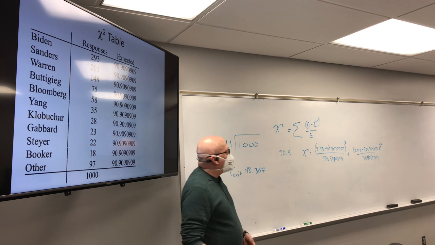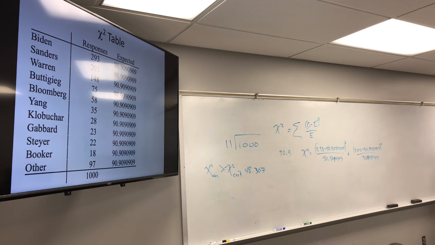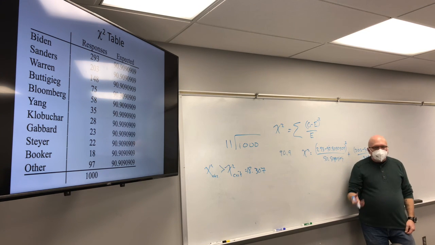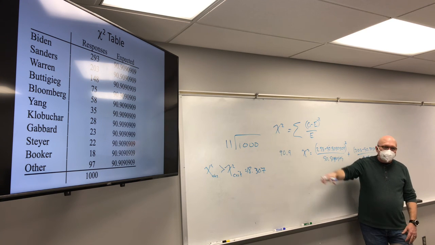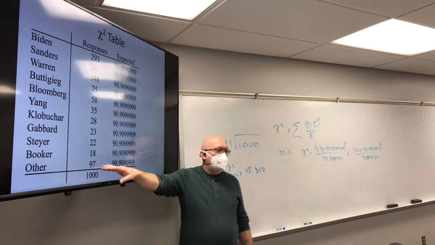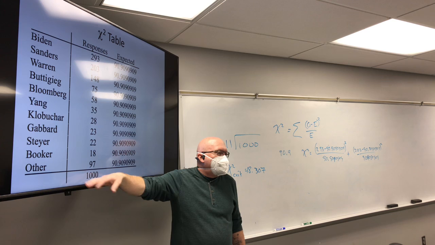If it were smaller, then there would be no preference. So if everybody was getting around 100 people responding that they favor those people, it would be much more evenly distributed across the 11 categories. And as a result, the chi-square that you calculate would be really small. If everybody was down here, there's zero preference for other, whatever other is.